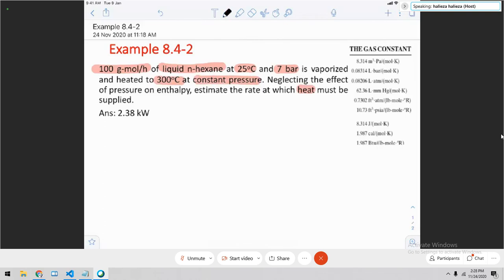Okay? So what we are going to do, first thing first, draw your diagram. You have 100 mole, gram mole is mole actually, of liquid hexane. What is the symbol for the chemical formula of hexane? C6H14, isn't it? Is that correct, guys? We can check it up in appendix B.1.